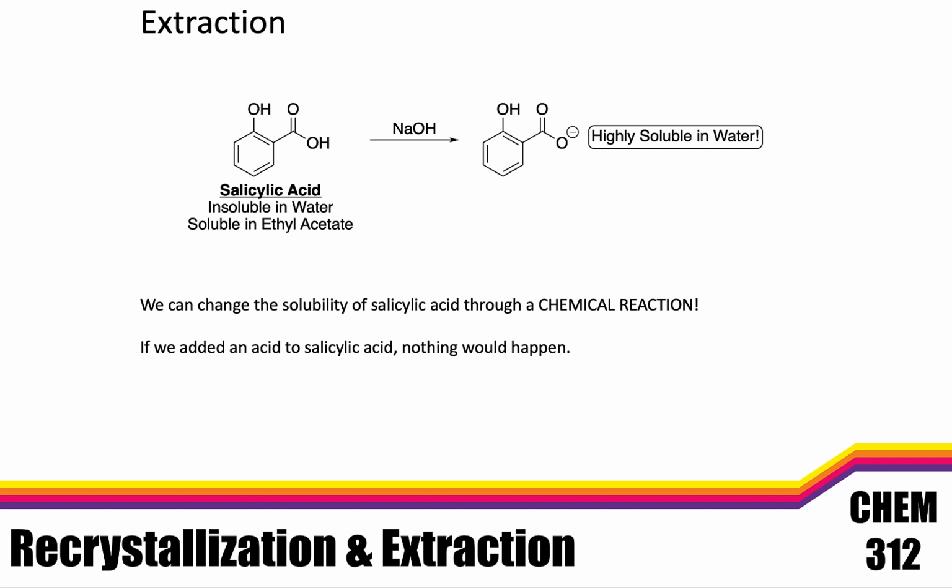However, if they have a formal charge, a positive or a negative charge, the solubility increases dramatically inside our solution. So if we added an acid to salicylic acid, nothing would happen because that's an acid and an acid, right? You need to actually be able to change the chemical structure in order to change that solubility.